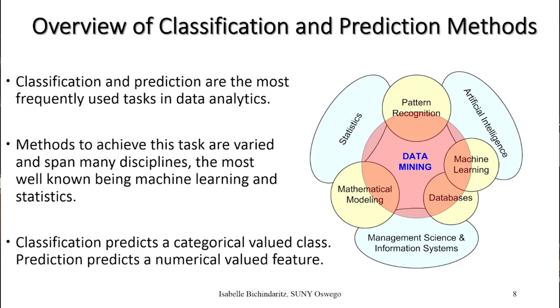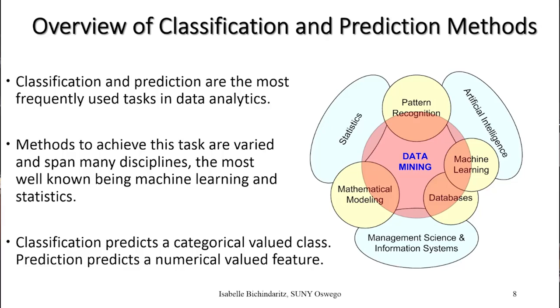So when we talk about deep learning, this is also from this area. Databases also have given a lot of very interesting methods. Particularly, they are very good at making more efficient methods, like scaling them up. And mathematical modeling and statistical modeling is also extremely important, particularly in biomedical domains.